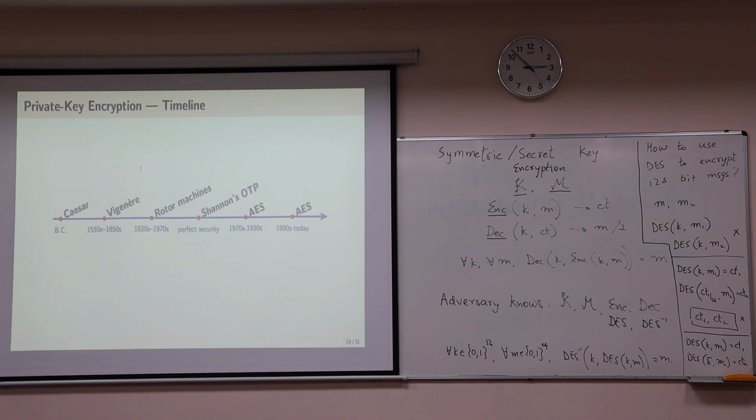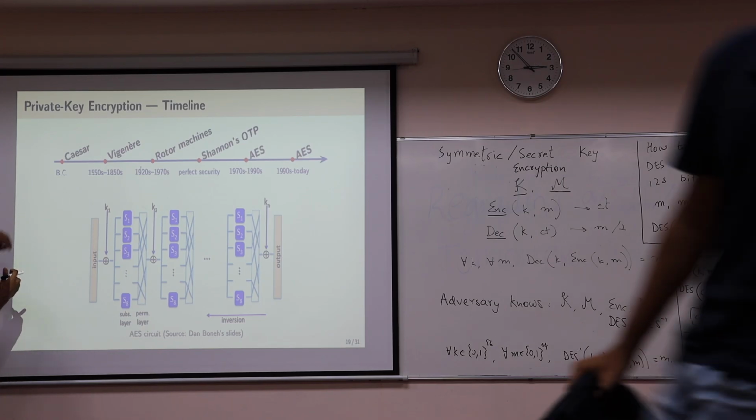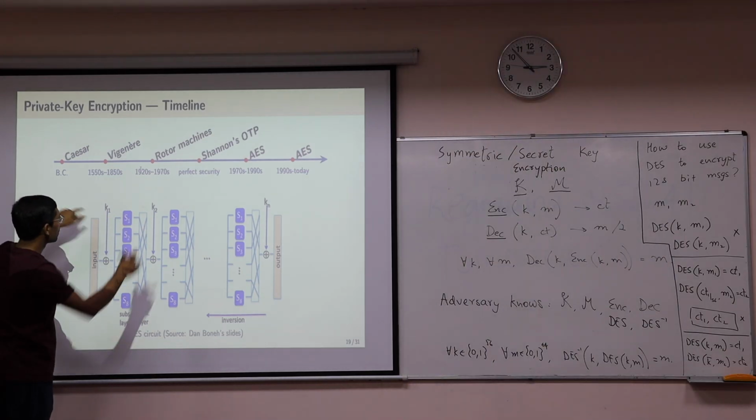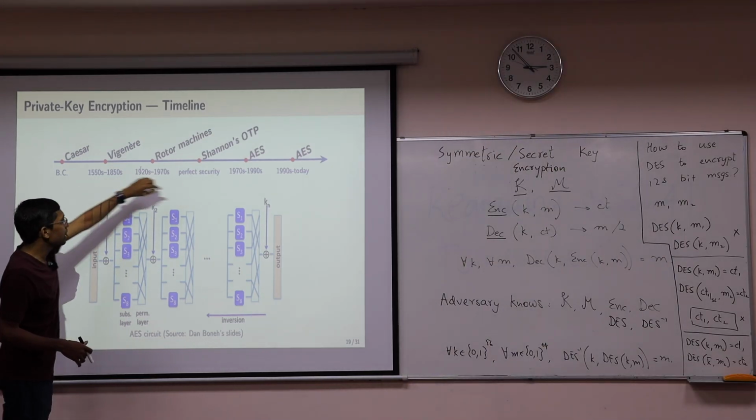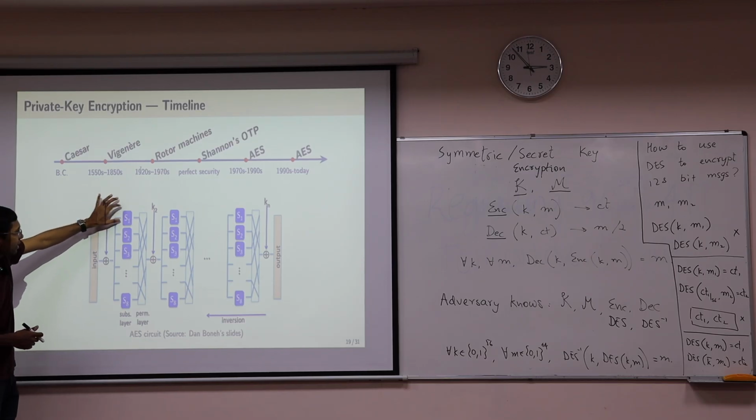All right. So this was a brief timeline of private key encryption. I want to quickly show you the AES circuit. It looks something like this. It's not important to understand exactly what this is doing, but the way it works is you take the key and expand it into multiple keys K1, K2, up to Kn. Then you XOR the first key K1 with the input and apply these fancy S-boxes.